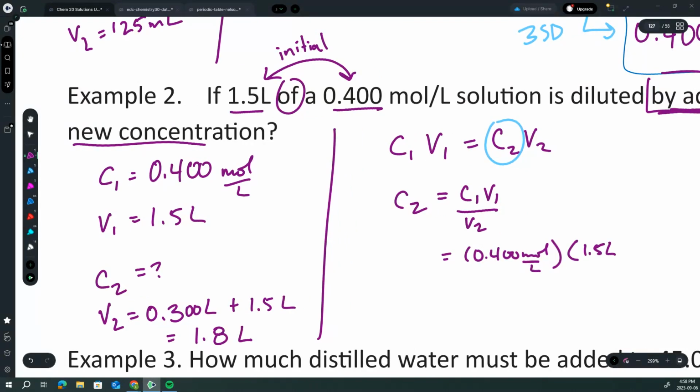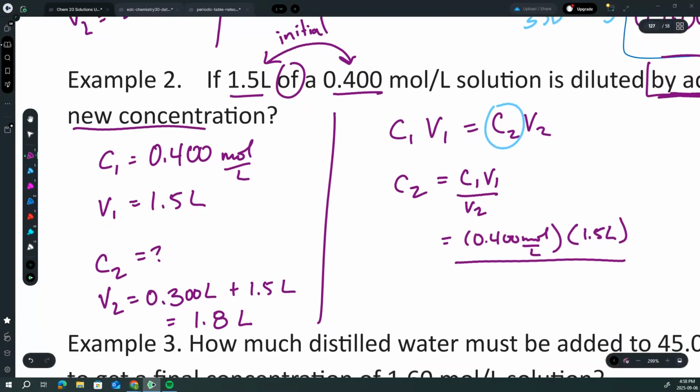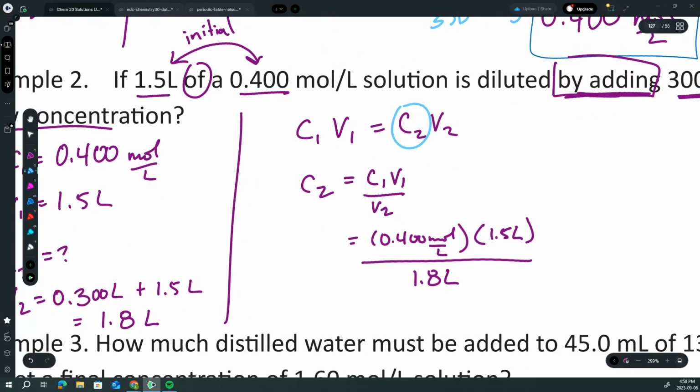Another reason why I wanted to do liters was to show you that it doesn't matter what units you have, just so long as your initial and final units for either concentration or volume are the same. Okay, so liters cancels out.